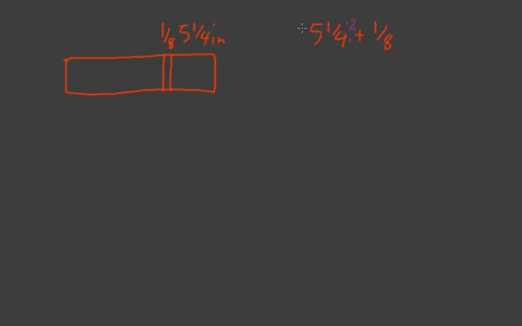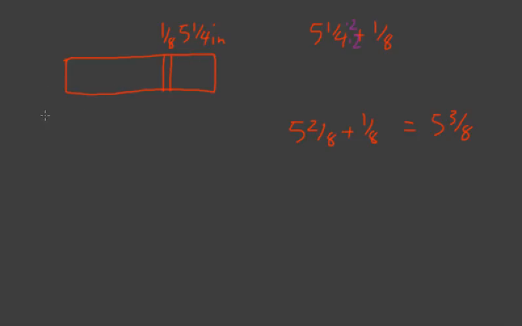Oops, that doesn't look good. There we go. So let's rewrite that as 5 2/8 plus 1/8. So that equals 5 3/8, okay? So every time you make a 5 1/4 inch piece of wood, or take that much wood, 5 1/4 inches from this board.